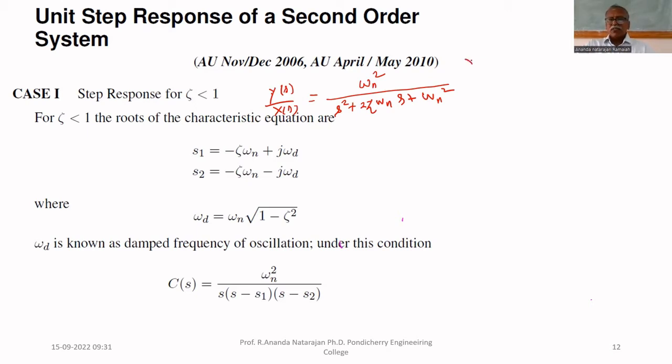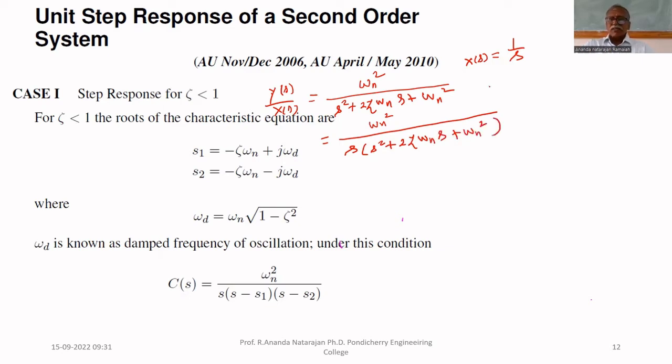Here, let us assume that x of s is a unit step input, that is 1 upon s. Therefore, this becomes omega n square upon s multiplied by s square plus 2 zeta omega n s plus omega n square.